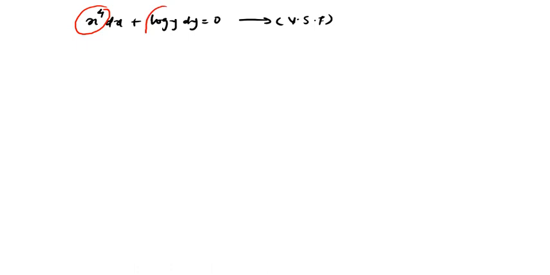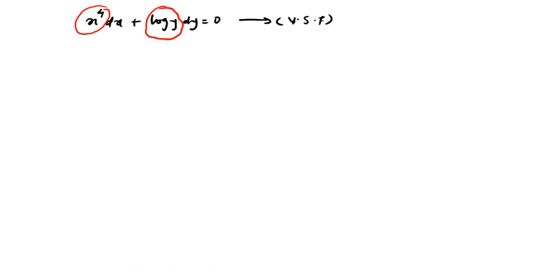We'll see one more example for the variable separable form. If it is like this: x raised to 4 dx plus log y dy equal to 0, this is in variable separable form, because this is a function of x alone and this is a function of y alone.